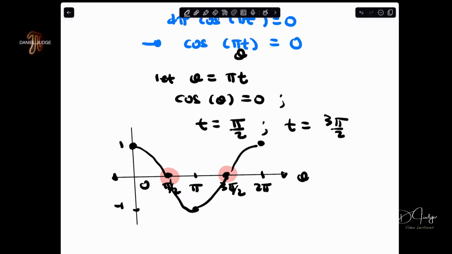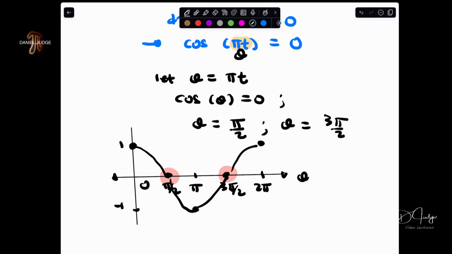When I teach a trig class, I make sure they look at this particular detail. It's very important. Now, we know theta really is pi t. These are thetas. Theta's pi over 2. Theta's 3 pi over 2.